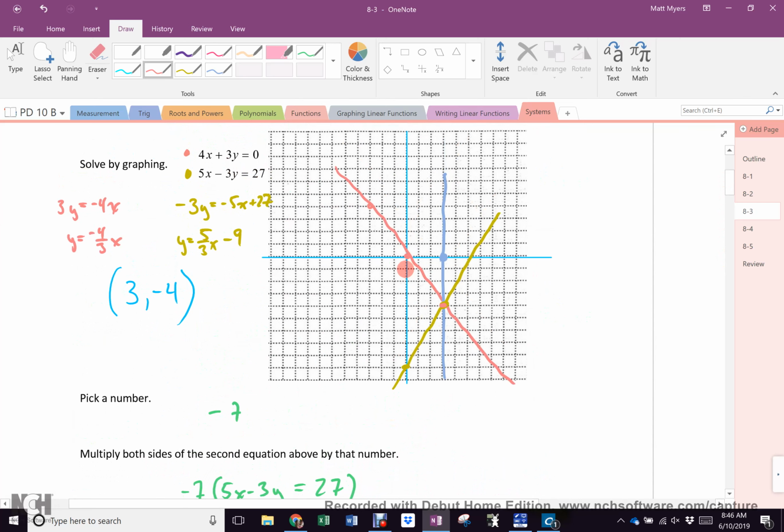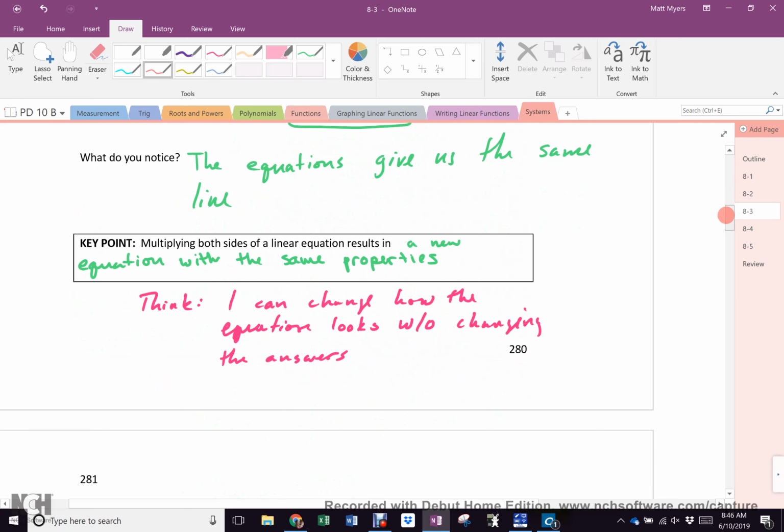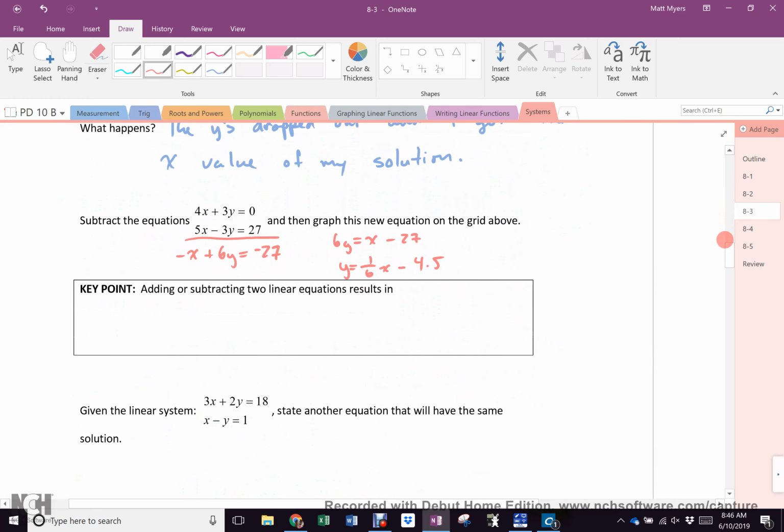I go to negative 1, 2, 3, 4.5. And I go up 1 to 3.5 and out 6. What happened? I went right through the solution again. So if I add or subtract, what do I get?